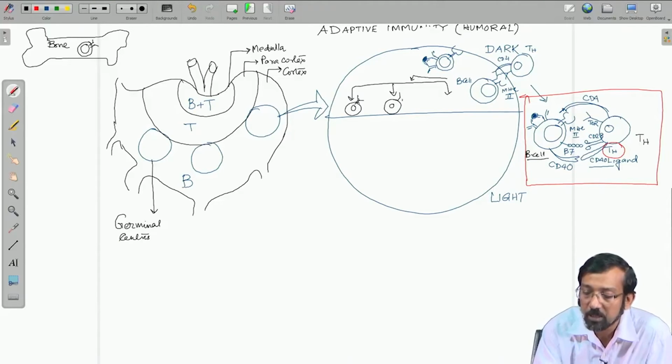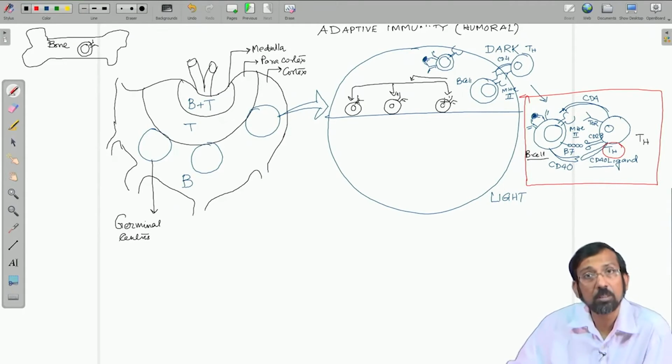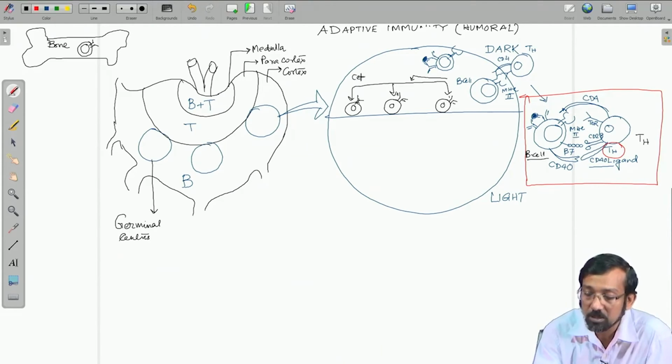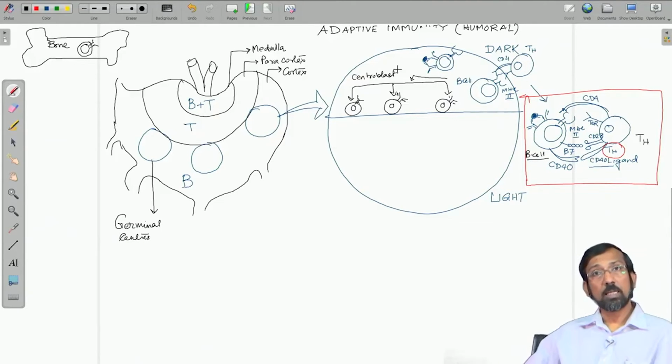They are still expressing the immunoglobulin molecules on their surface. So, these are the centroblasts. What occurs immediately after these interactions?